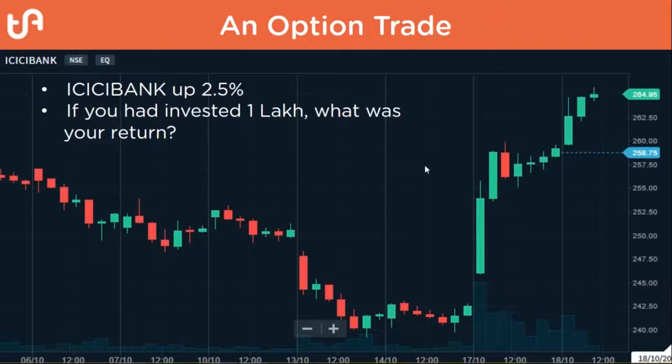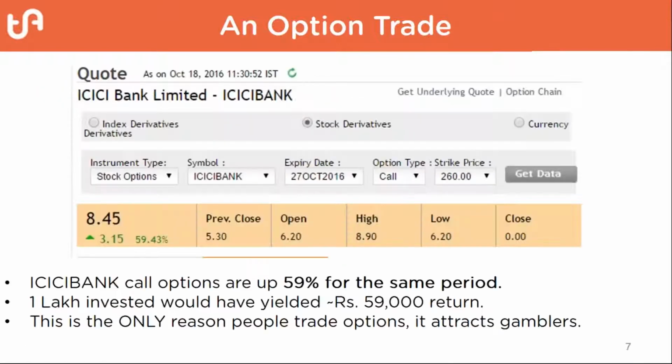Now let's look at the same trade on the basis of options. Right, so when you're trading with options, you make a return of 59,000 compared to 2,322. You make a return of 59,000 on the same move in ICICI Bank. How that works is, whenever you're buying an option, you are looking at a premium, alright? You're not buying the stock, you're not trading the stock as such, you're trading the premium.